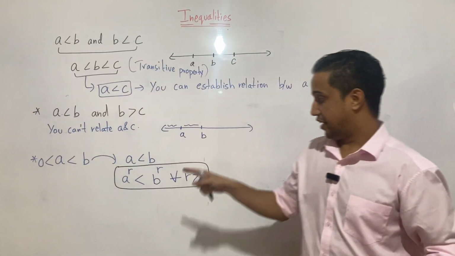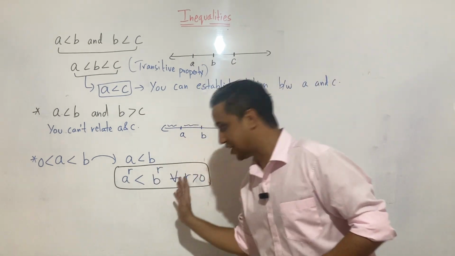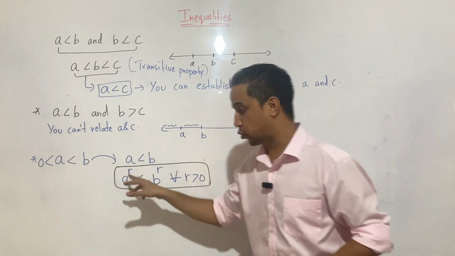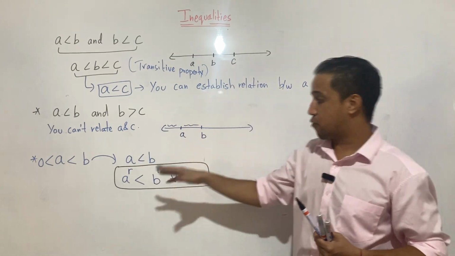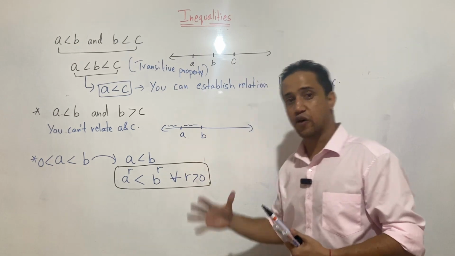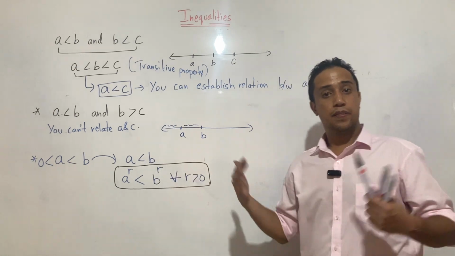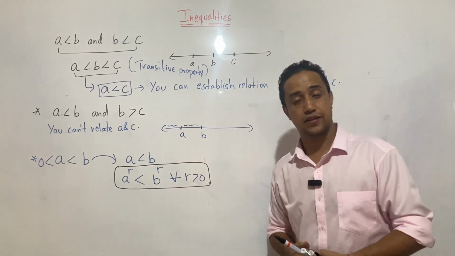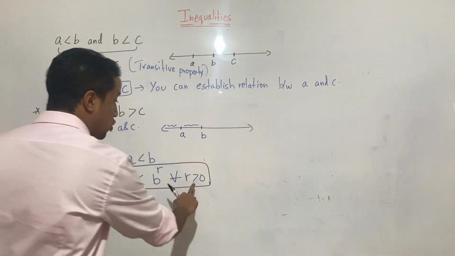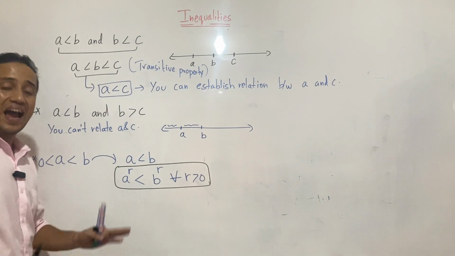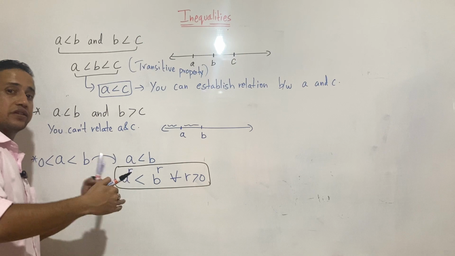I'm given this inequality, and I raised the bases on either side of the inequality to some exponent r. If the value of that exponent is greater than 0, is positive, then the sign of inequality won't get affected. But if this value is going to be less than 0, then it is going to affect the sign of inequality. Okay, so we will do it step by step.